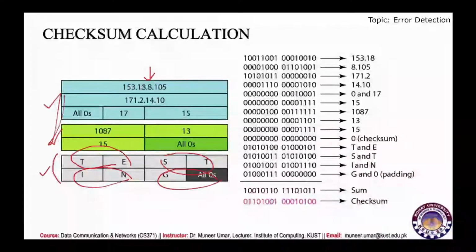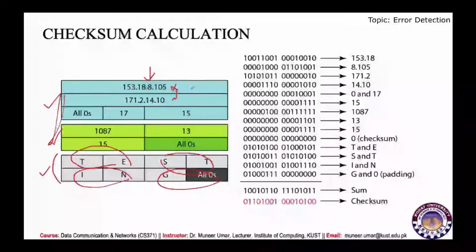If the checksum does not include a pseudo header, a user datagram may arrive safe and sound. But if the IP header is corrupted, if we get some corruption in these addresses, let's say, it may be delivered to the wrong host. The protocol field is added to ensure that the data packet belongs to UDP and not to TCP.